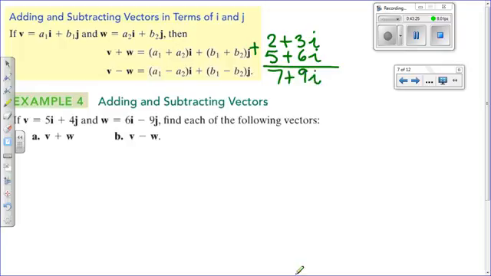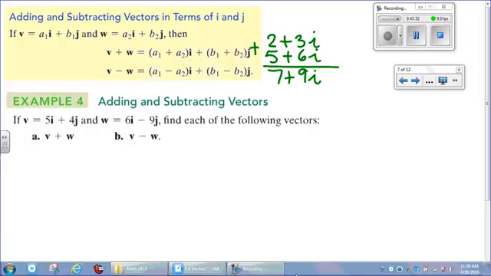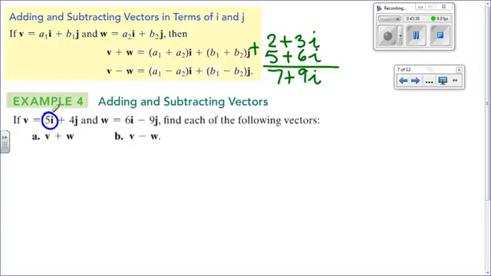Very simple. So when we're adding vectors, we're going to do something similar if they are in i and j terms. So you're going to be adding the i's with the i's and the j's with the j's. Okay? Very simple. The way I have it explained here is that if you are adding, then you add the horizontal components and you add the vertical components.